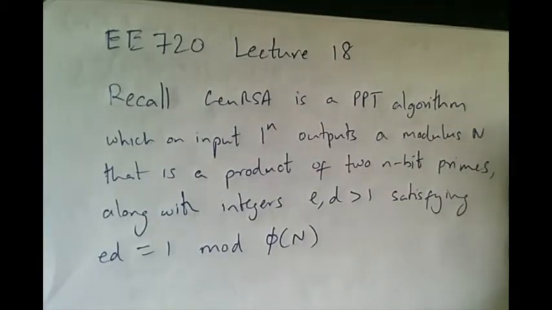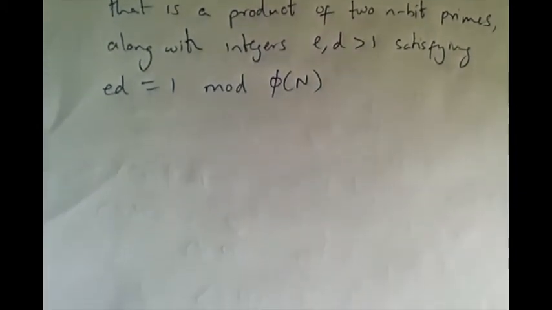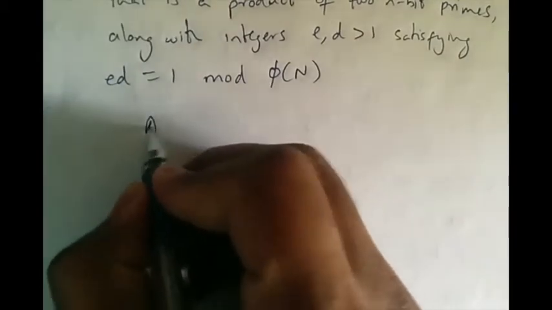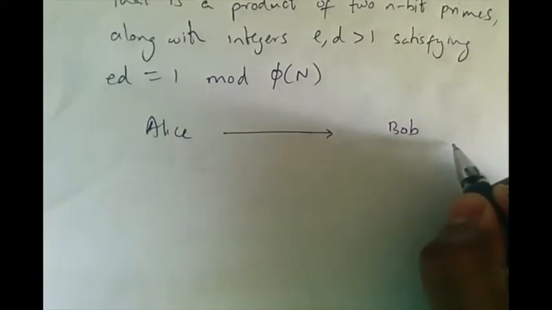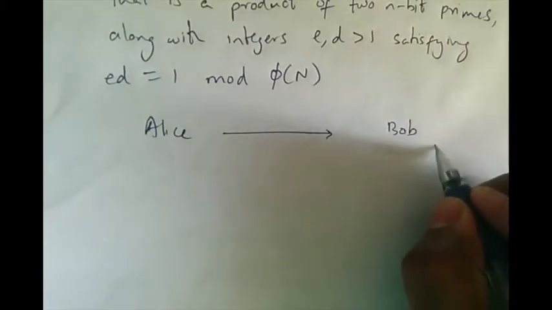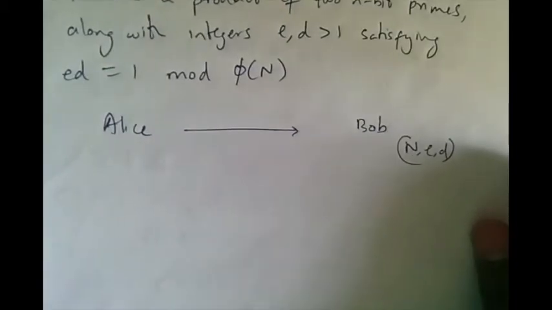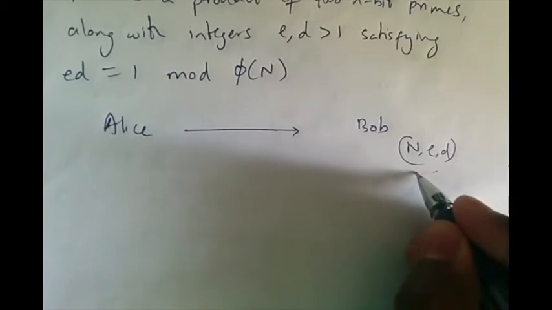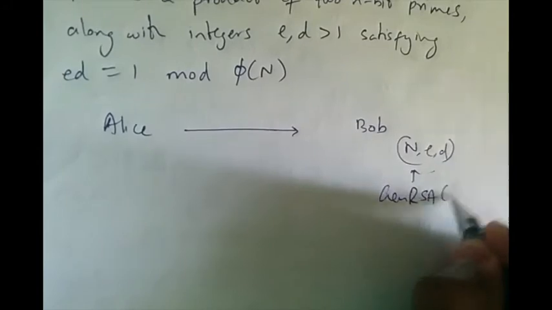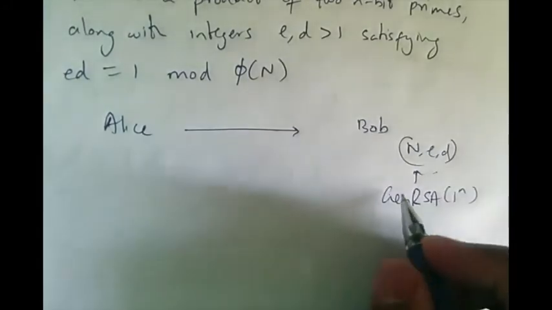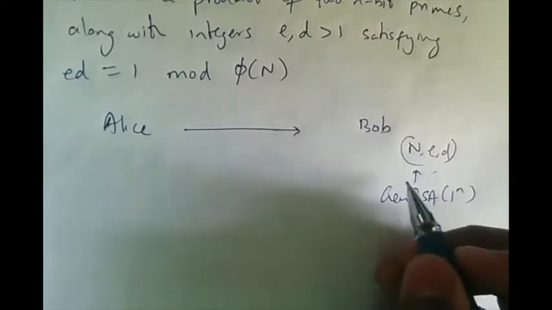So given this, the way it would work is that suppose Alice wants to send a message to Bob. Bob would run Gen RSA to generate N, E, D. And then Bob is going to publish N and E as his public key.